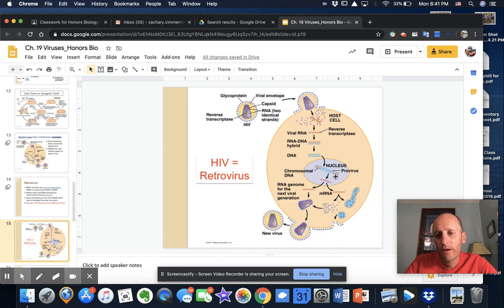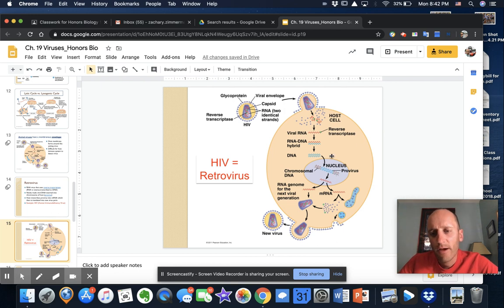And so the cell will then go through many cycles of reproduction. It'll replicate its own DNA, but it's also replicating the DNA of the virus. And it may go through many, many life cycles. In the case of HIV, this goes on for years. So someone may not really be symptomatic for years, and then for reasons that are not totally understood, the virus activates.